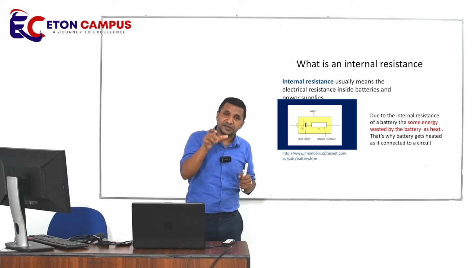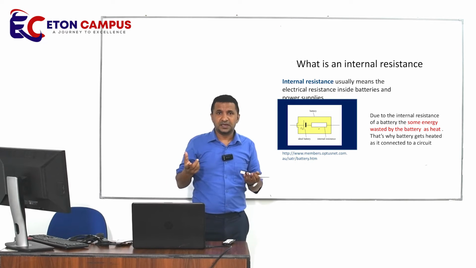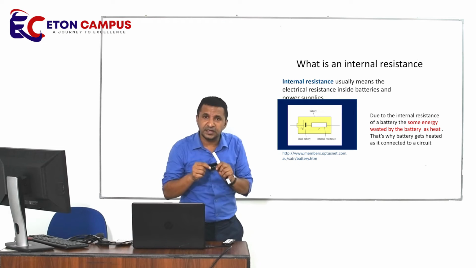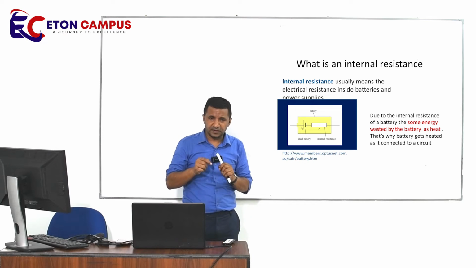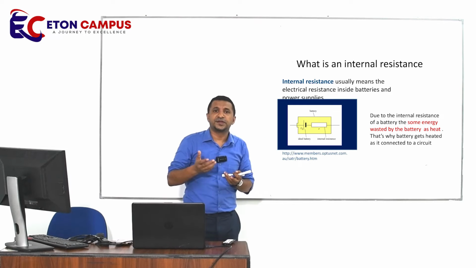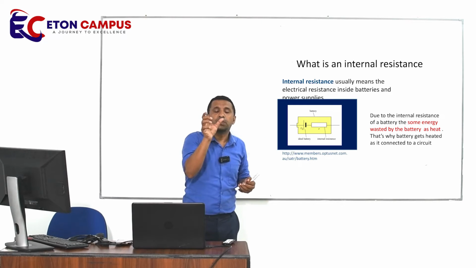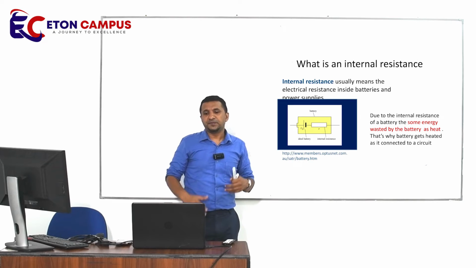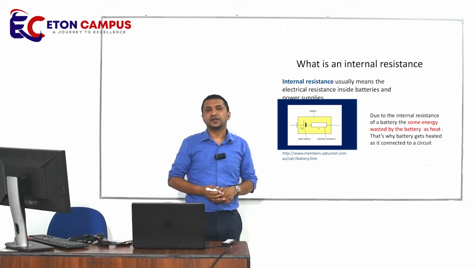If it has an internal resistance and you connect it to an external circuit, then the voltage supplied to the external resistance will be less than what is marked on that particular battery. This is called the internal resistance.